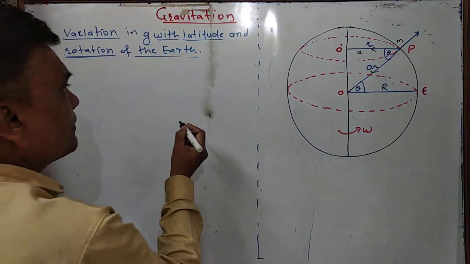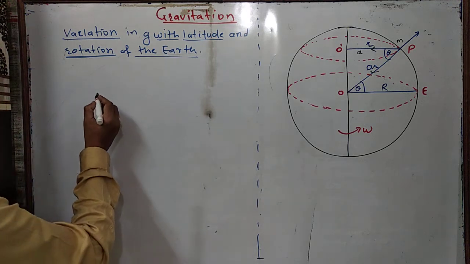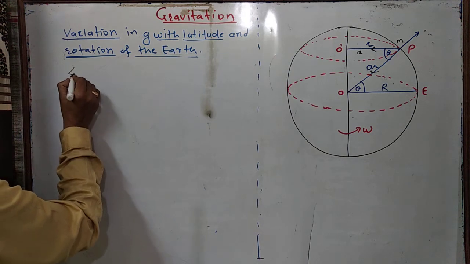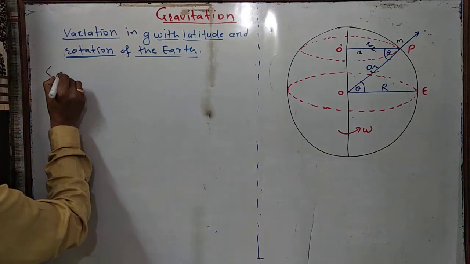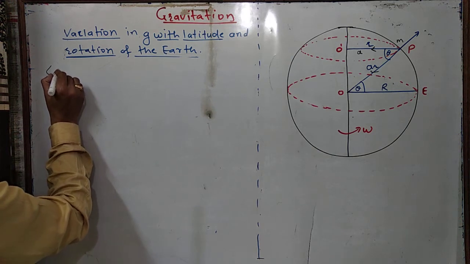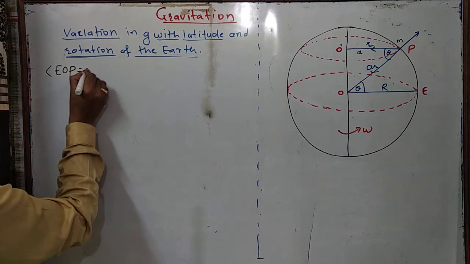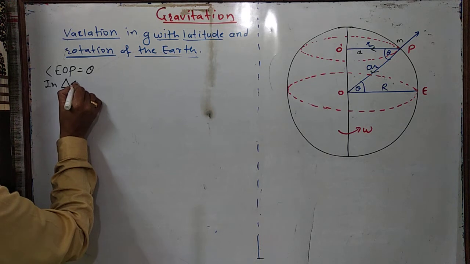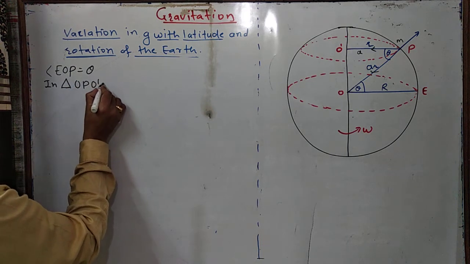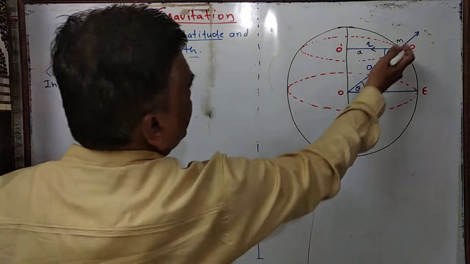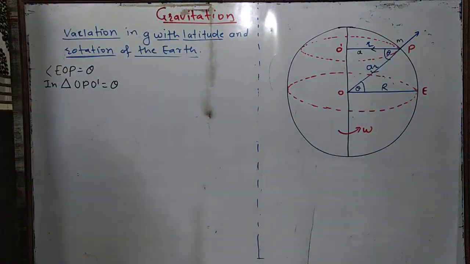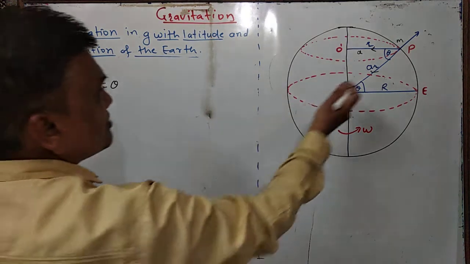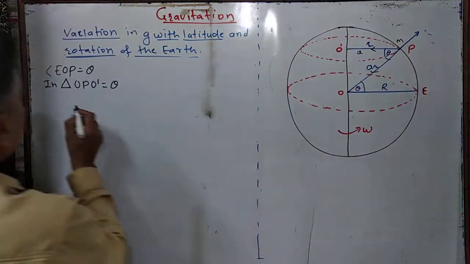Now from the figure it is clear that angle EOP equals theta. In triangle OPO dash, angle OPO dash equals theta. Now we will find cos theta from the figure.